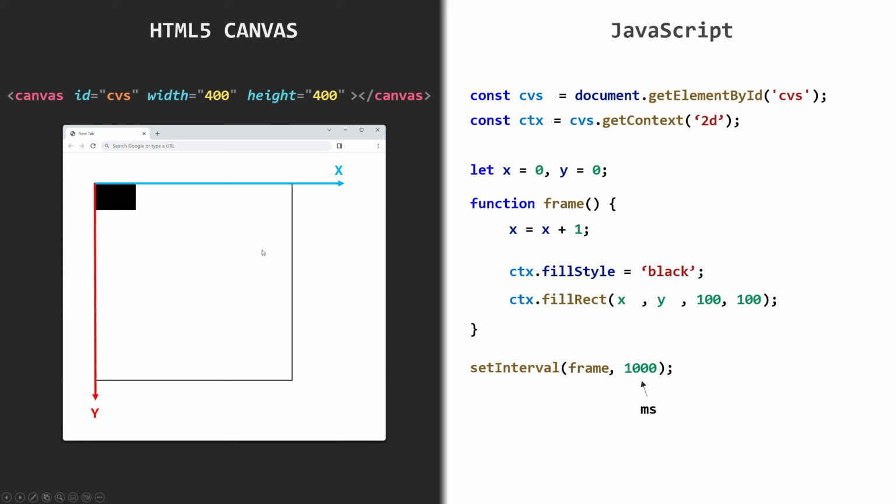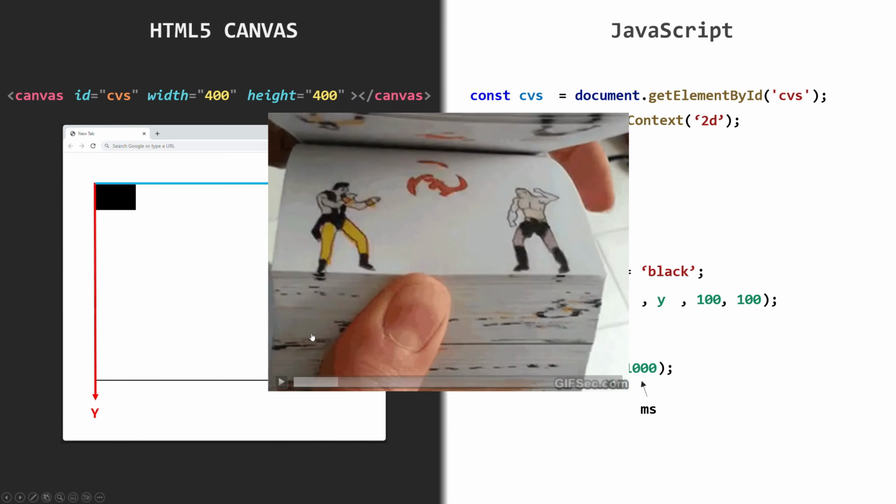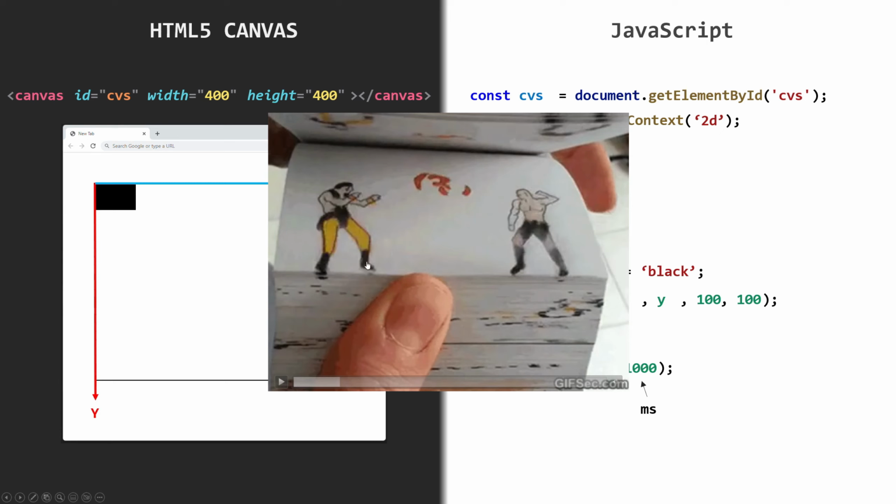Well, to fix this issue, what we need to do is to think about our canvas like the flipbook here. You can see here that on this page we have drawn our characters. But then on the next frame, it's going to be like an empty page, and then we draw the characters again from the start in a different position.